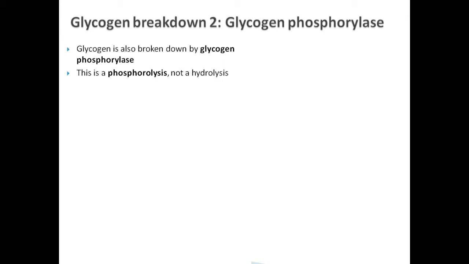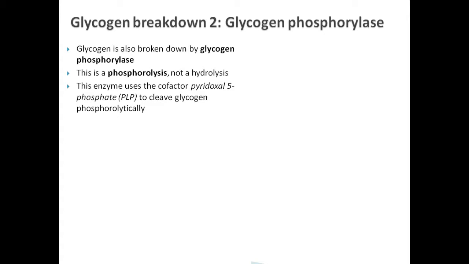What we are talking about here is a phosphorylasis, which means that an inorganic phosphate is used in the reaction and not water. So the enzyme uses a cofactor called pyridoxal 5-phosphate, or PLP, to cleave glycogen phosphorylatically.